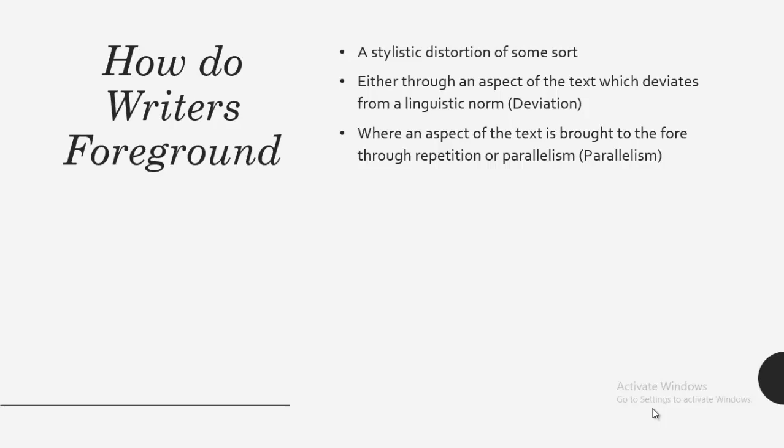So that's deviation. Then another aspect through which writers foreground or make something prominent is where an aspect of the text is brought to the fore through repetition or parallelism.